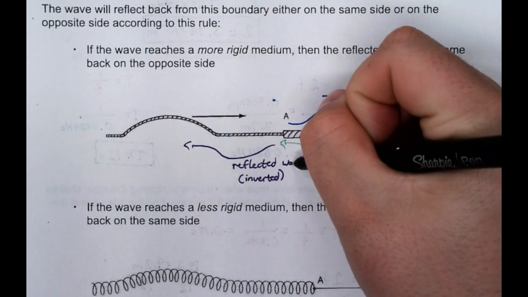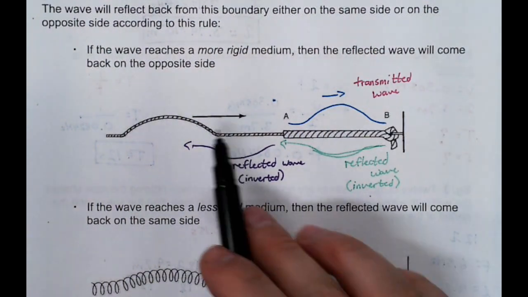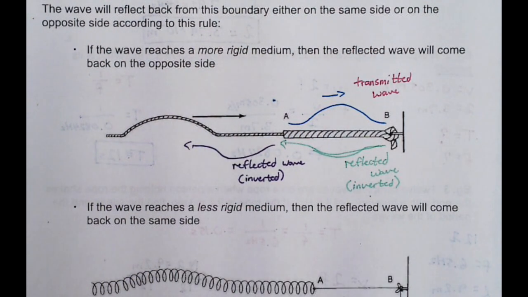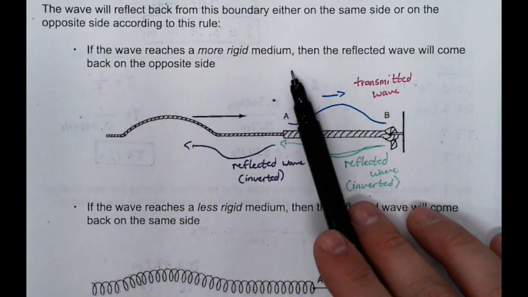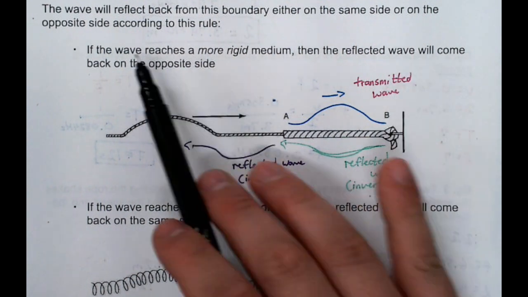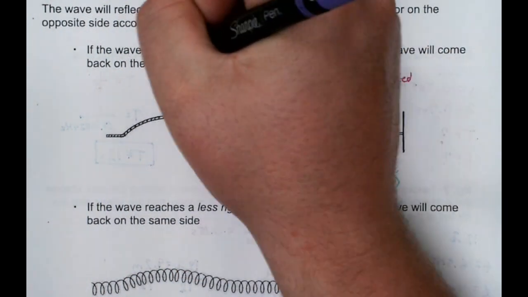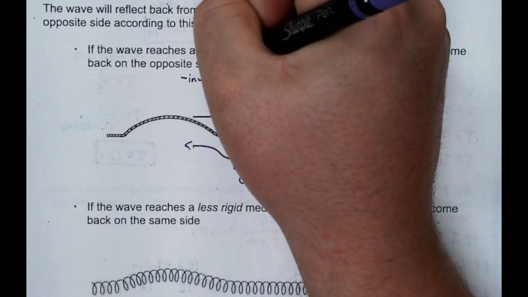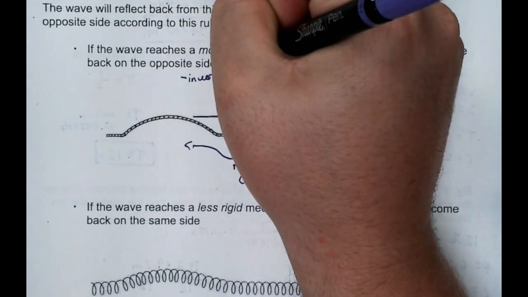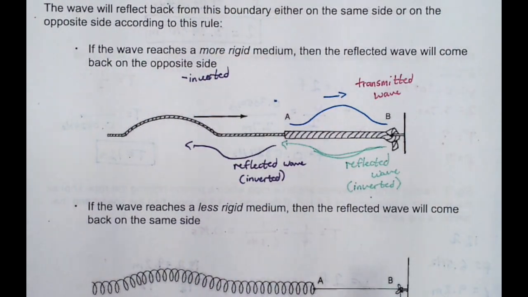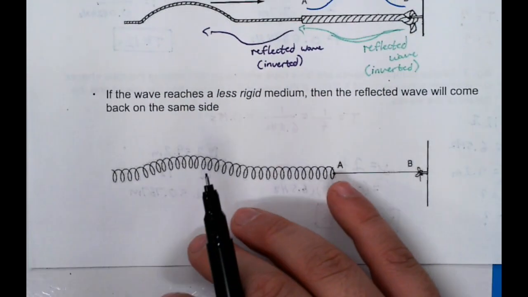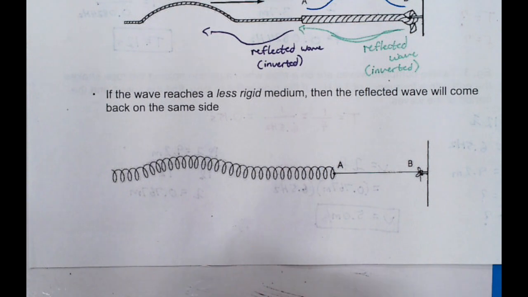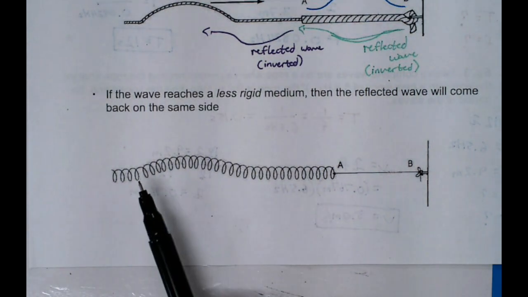If we have the opposite, if the wave reaches a less rigid medium, then the reflected wave will come back on the same side. So here we have a slinky or a really soft spring. When the wave is coming towards the less rigid rope, its transmitted wave is still going to be up on the top.